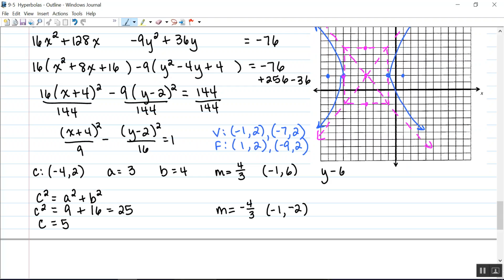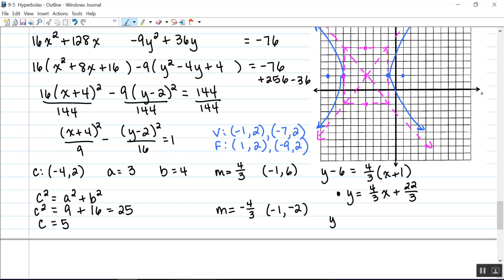So y - 6 = 4/3 (x + 1), or y = 4/3 x, and then 4/3 plus 6 gives me a positive 22/3. There's one of my lines.